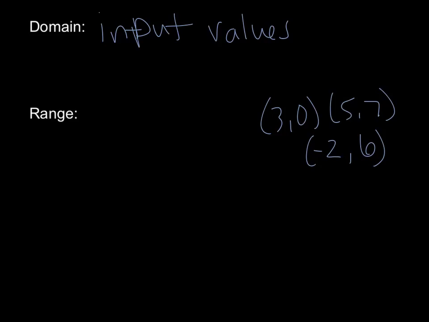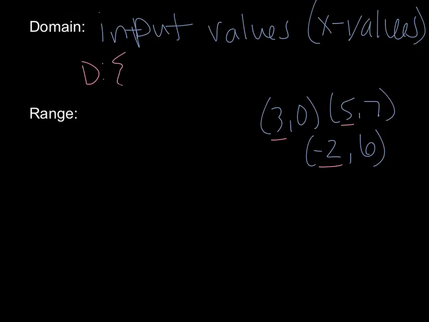The domain would be the input values, and the input values are the x values. So we would say the domain in this case is 3, 5, and -2. The domain is 3, 5, -2.